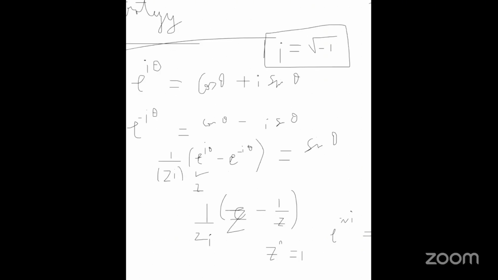You can use all of these and work with the roots of unity, and then you'll have interesting things like 1 plus z squared, all the way to plus z to the n minus 1. This whole thing will be equal to 0. You can have things like this as well.